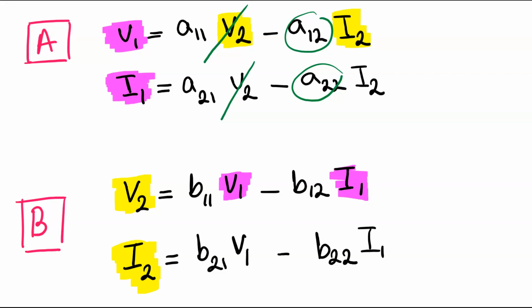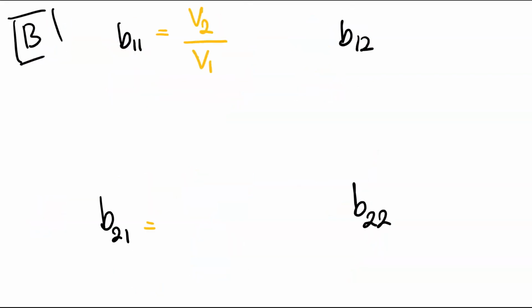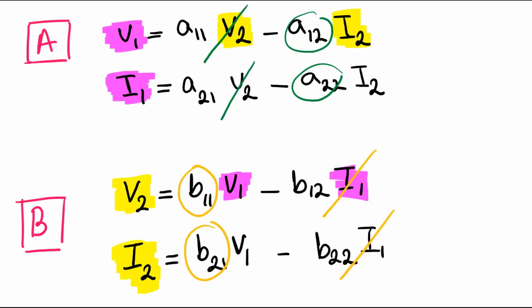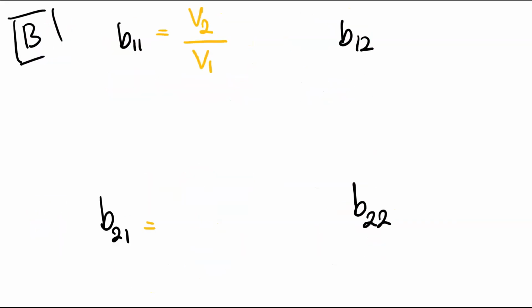So my first scenario is that I1 is equal to 0. If I assume I1 is equal to 0, then I can calculate B11 and B21. B11 is going to be V2 over V1. And B21 is going to be I2 over V1. For both of them, I have the assumption that I1 is 0.